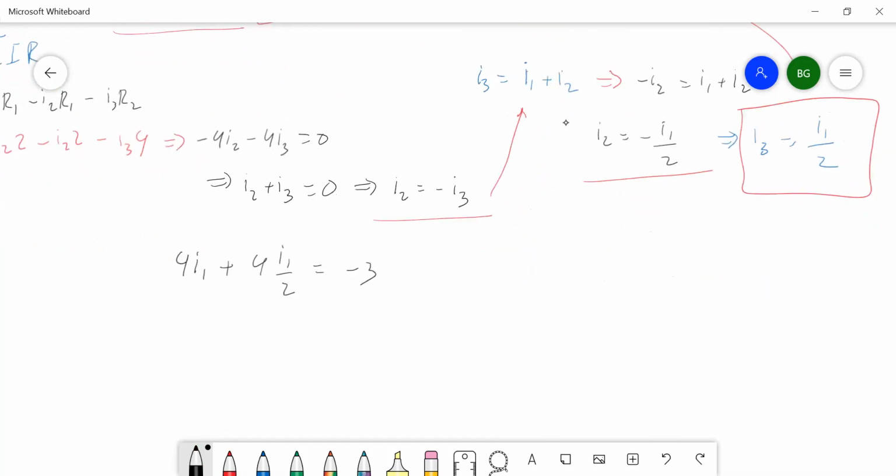So we get 6I1 equals minus 3, so I1 is minus 1.5 ampere. Okay.